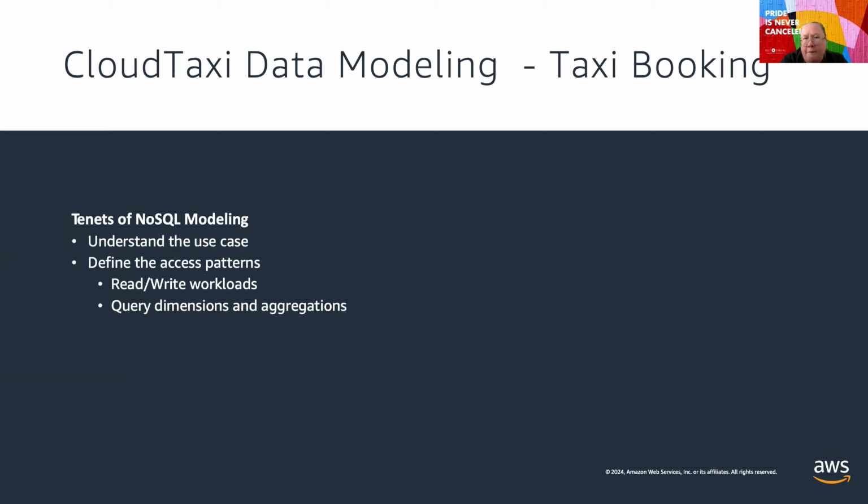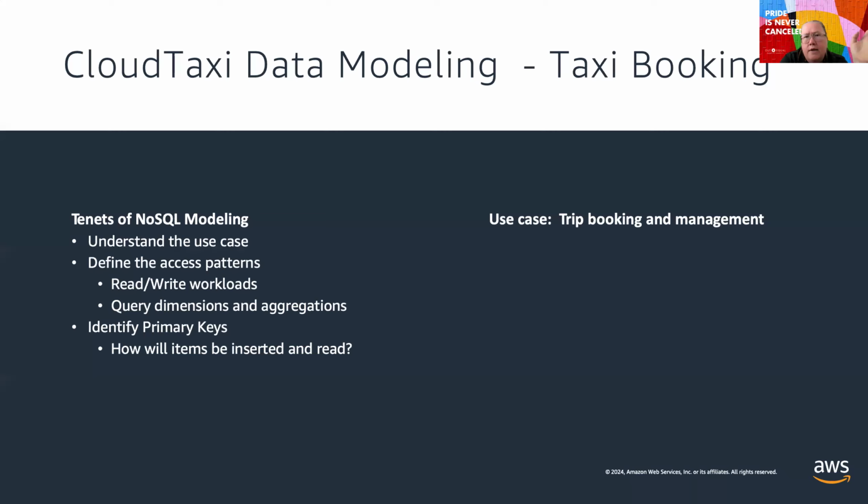What are the query dimensions and aggregations that you need to be able to cover? And how do you identify the primary keys that hold the information together? For example, if you're a user of this Cloud Taxi service, what is the primary key? Is it your user ID that holds all the session data? And how will that item be inserted and read?